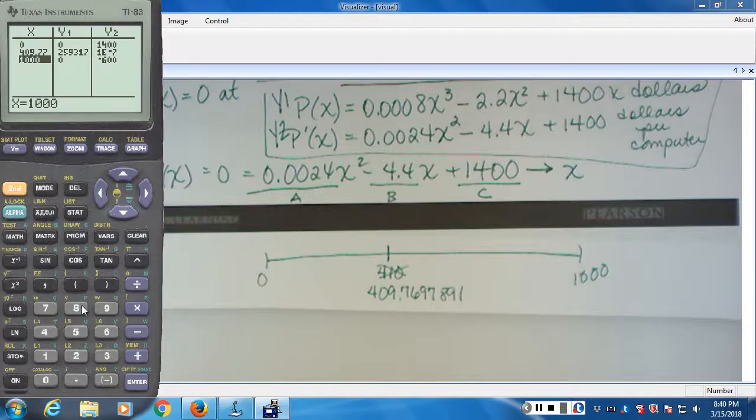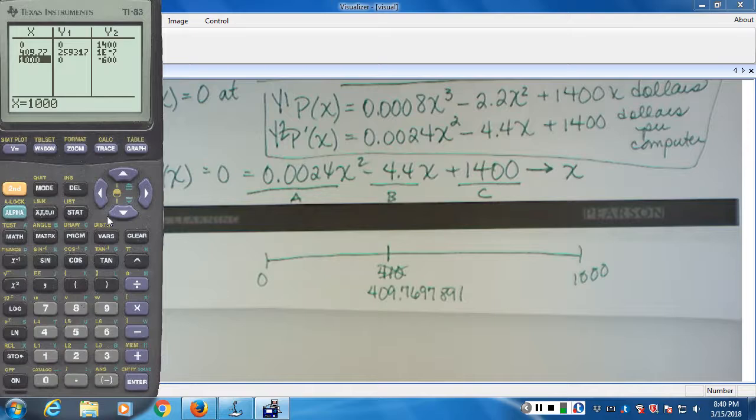Okay, and so you can see that if I keep all the decimals, it really is really close to 0. But realistically, you can't make that many computers. So it's either going to be 409 or 410.